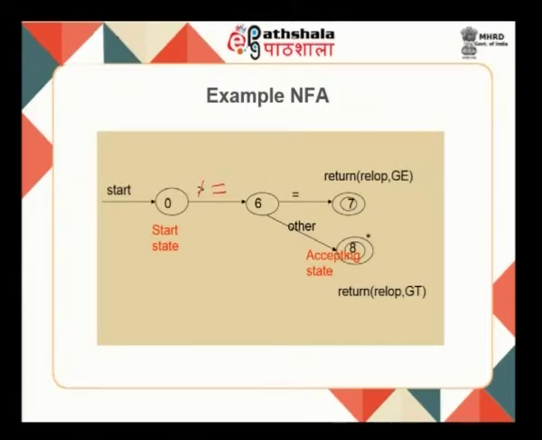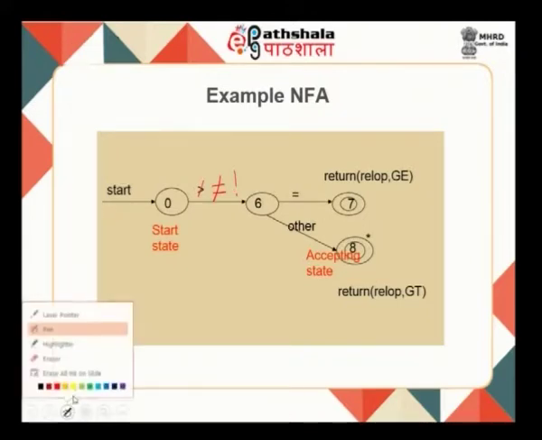Supposing I have not equal to, then I could convert this edge to exclamation mark followed by equal to. So, you can also use non-deterministic automata to define patterns and validate the patterns for a particular token. Okay. So, our first phase's primary job is to tokenize, and we have done it here using non-deterministic finite automata.